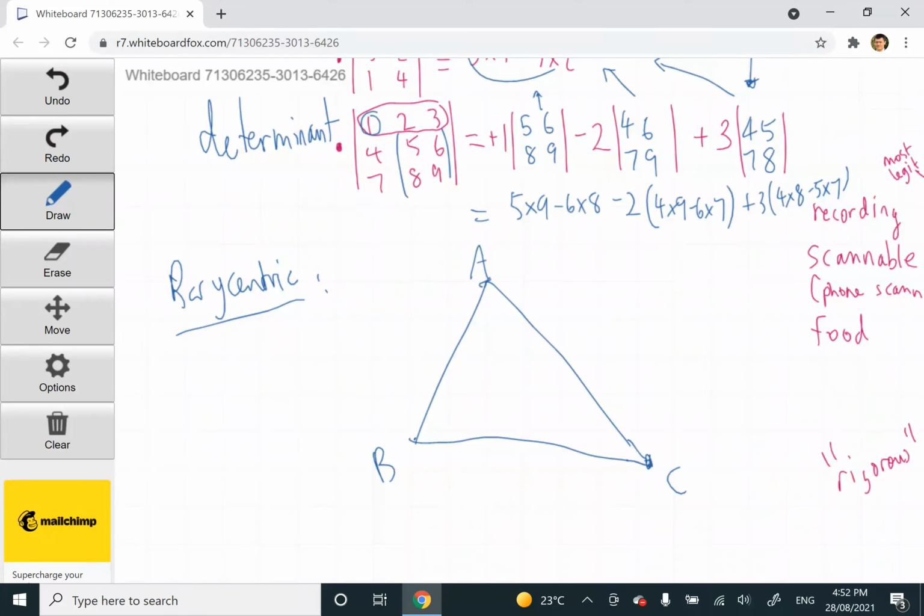So for example, if you put 0 weights at B and C and you put 1 kilogram at A, the center of mass of that configuration will just be at A, right? So 1, 0, 0 is the coordinates of A. 0, 1, 0 is the coordinates of B, and 0, 0, 1 is the coordinates of C.